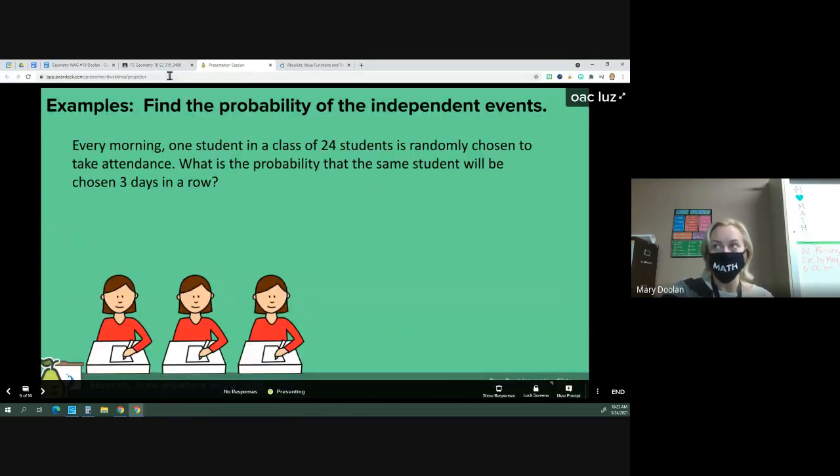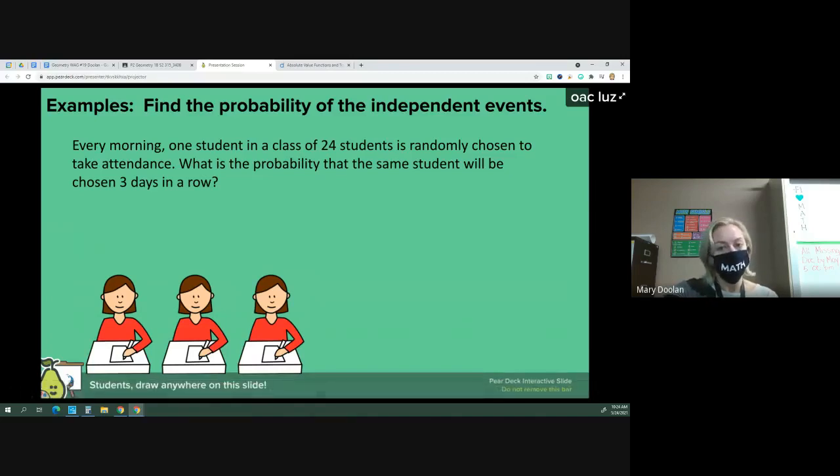Here's our first example. We're going to find the probability of independent events. It says every morning one student in a class of 24 students is randomly chosen to take attendance. What is the probability that the same student will be chosen 3 days in a row?